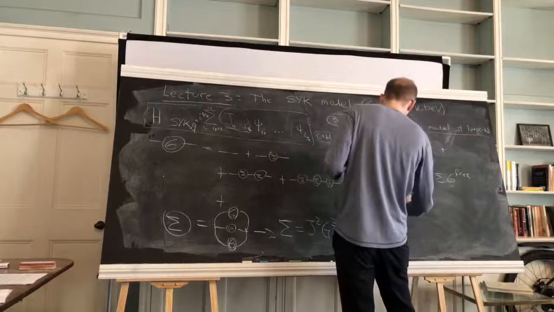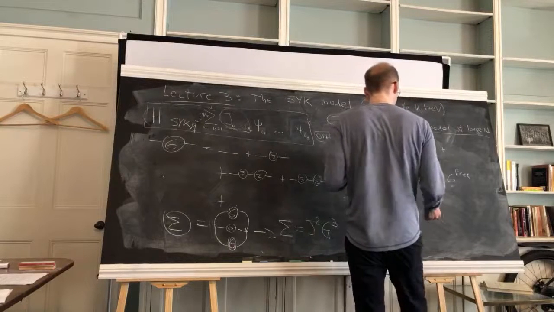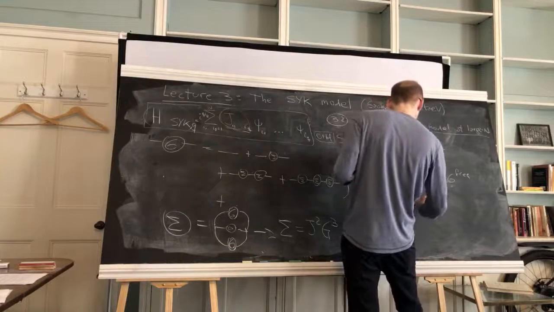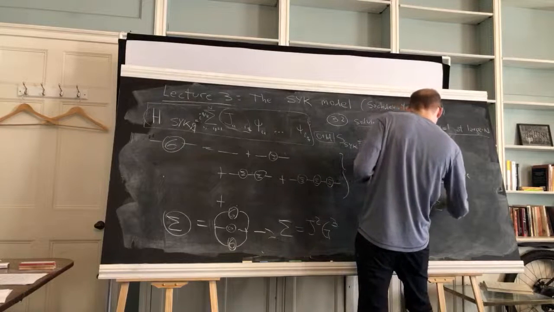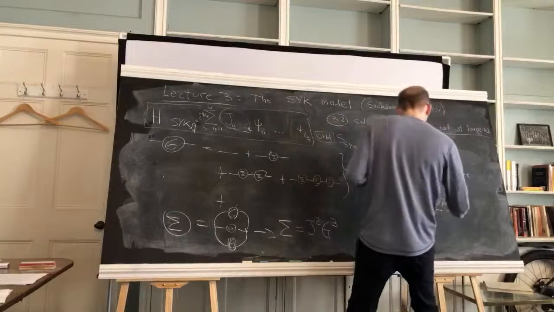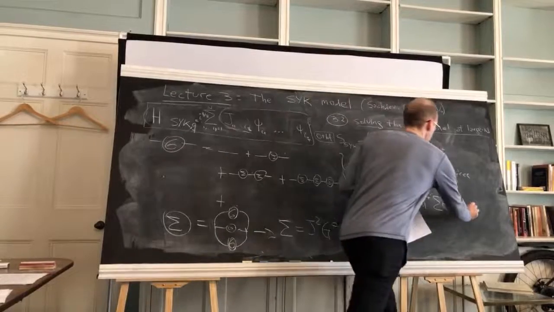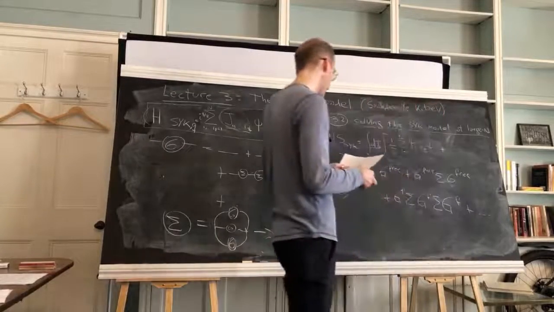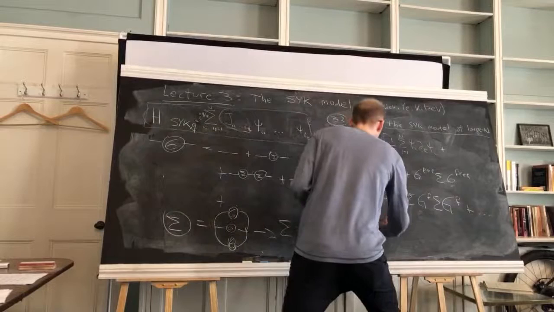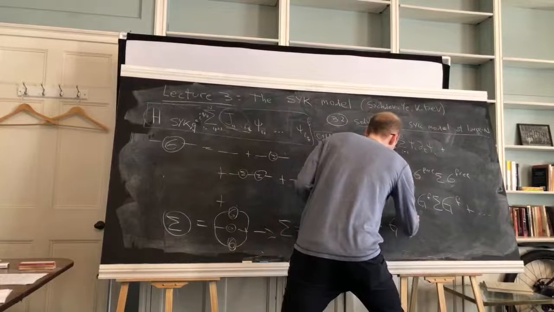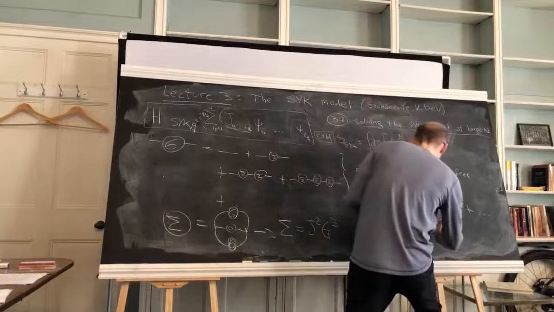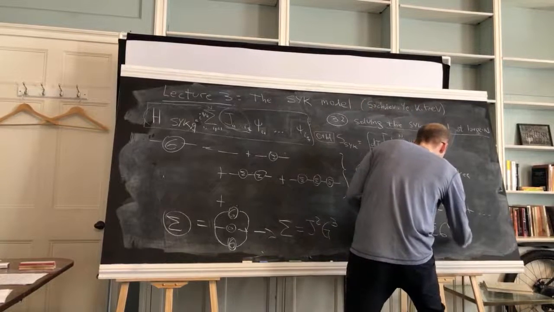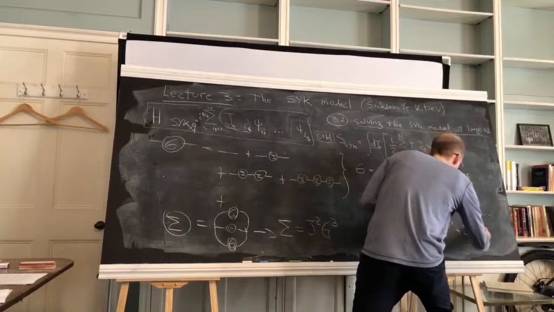Then we have G, and I will stop writing the free because it will take me too long. Sigma, G free, plus plus plus. So now we can take the first G free out and see that this is a geometric sum.